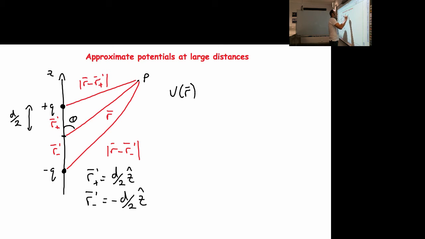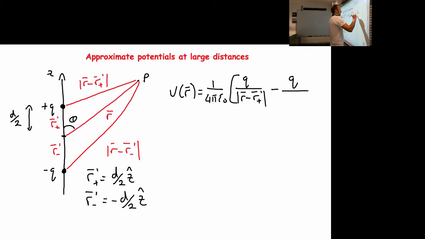So V of R will be equal to 1 over 4 pi epsilon naught times plus Q over the magnitude of R minus R prime plus, minus Q divided by the magnitude of R minus R prime minus. This will give us our total potential at this point P due to the two point charges.